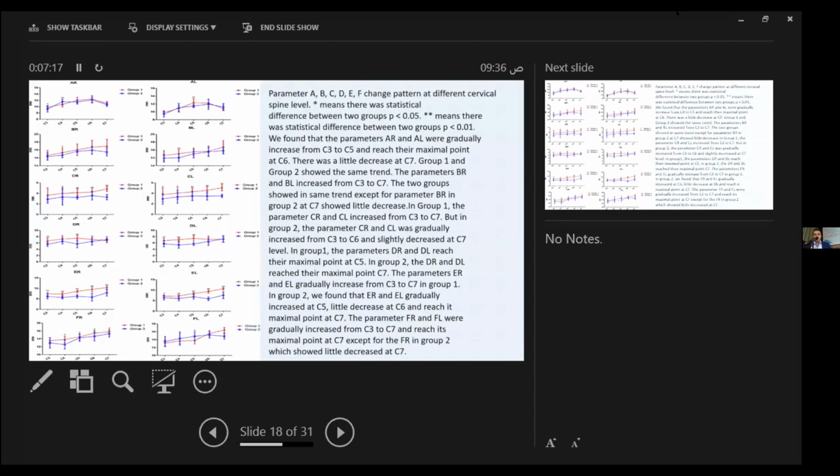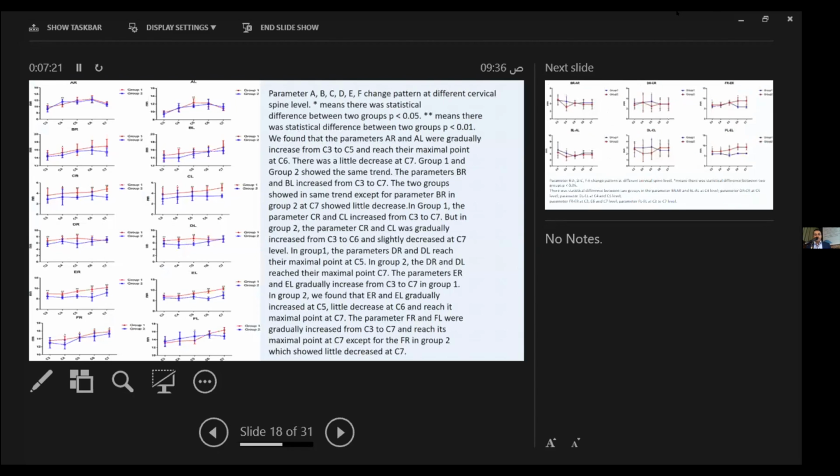Here are the curves for the statistics: group 1 is the red line, group 2 is the blue line, and from C3 to C7 you see the curves are differentiated. That's what gives us the significant result.